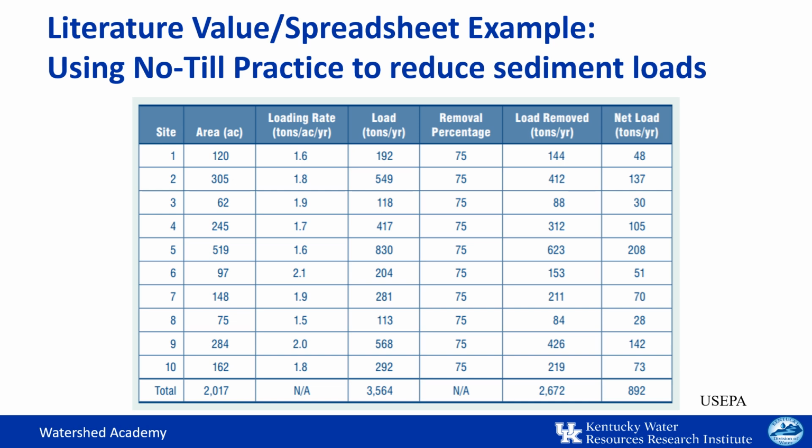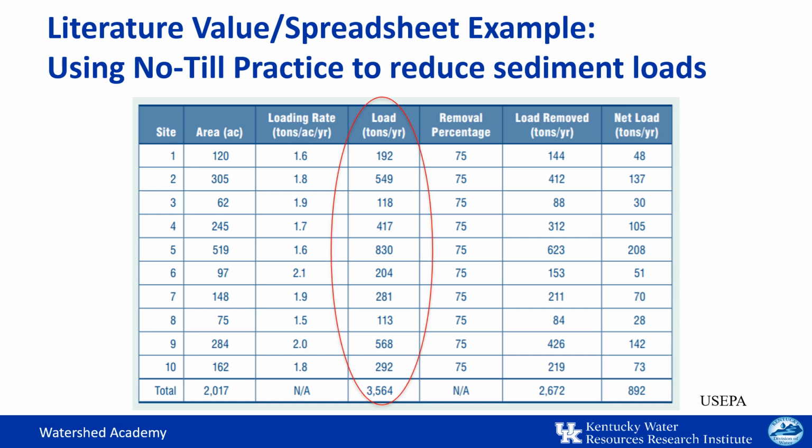Or, as in this example, you can use percent load reduction estimates to make rough estimates of total load reductions over an entire watershed. Suppose your watershed has 10 potential sites where conventional till could be converted to no-till practice, enabling a 75% reduction in sediment load.